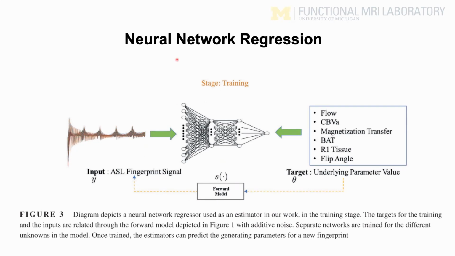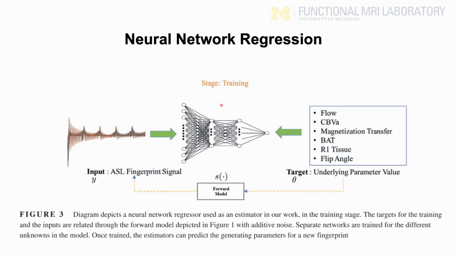the next step was to design a neural network that would be able to solve the inverse problem, essentially a regression. At first we tried making a neural network that would spit out all the parameters at once. But that became pretty unwieldy because, again, we had to weigh them differently.